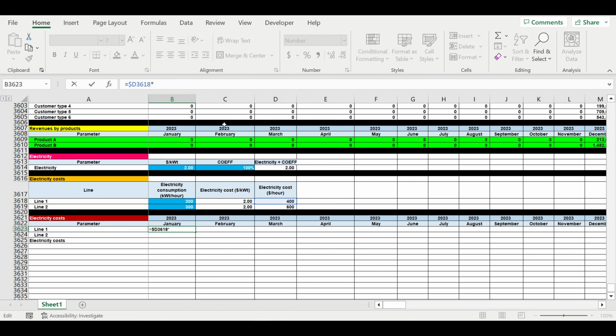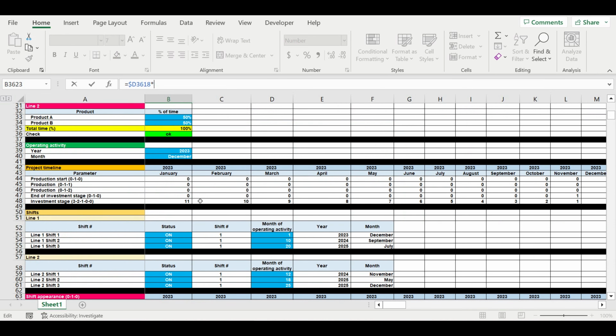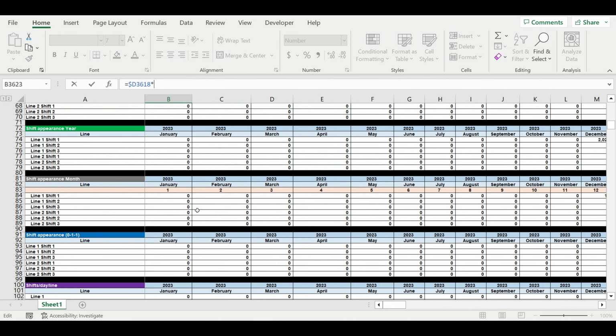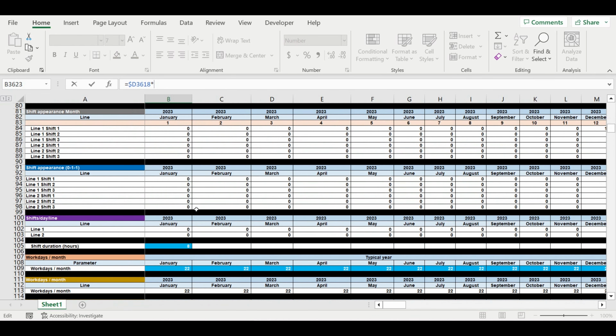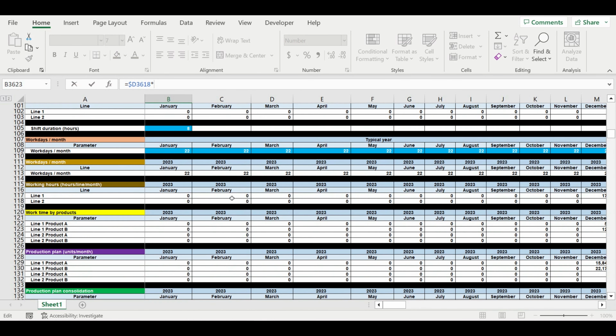So what I'm doing, I'm going up and I'm going here from top to the bottom, searching for the line called how many hours each line works. So here calculating work days, working hours. I think this is the one.